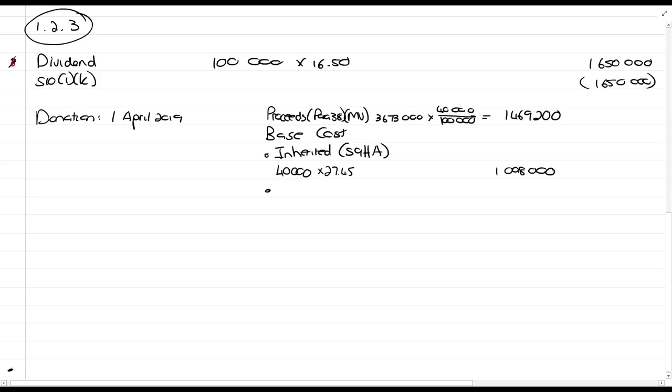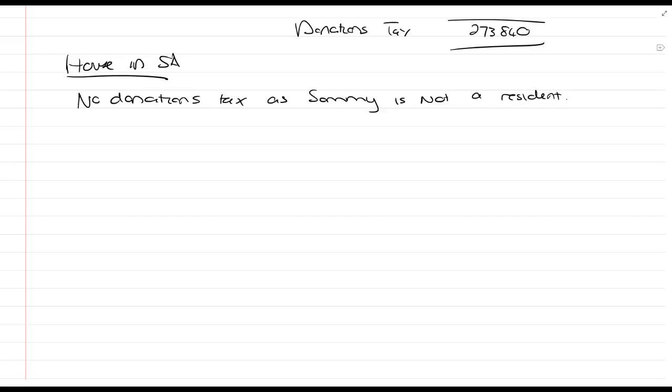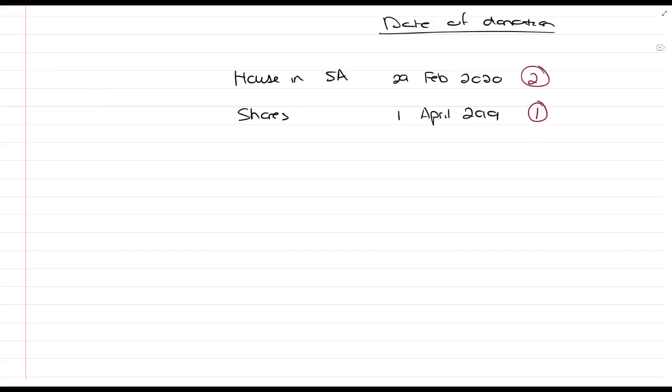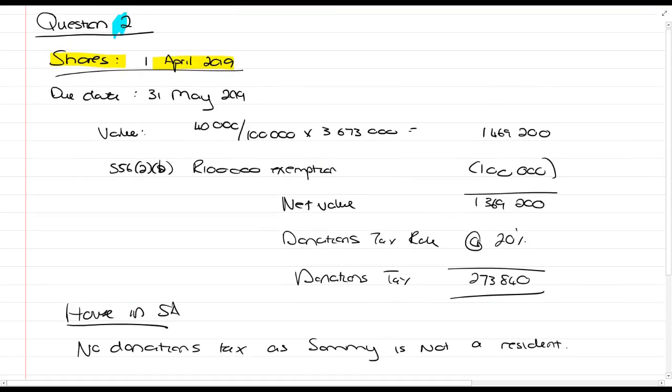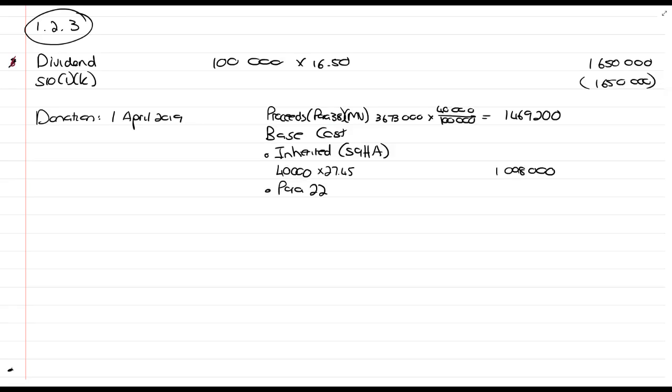So what's the trick here now? You have to remember this is a donation. And can you remember when we looked at question number 2? We paid donations tax on these shares. If you pay donations tax, paragraph 22 must be considered.